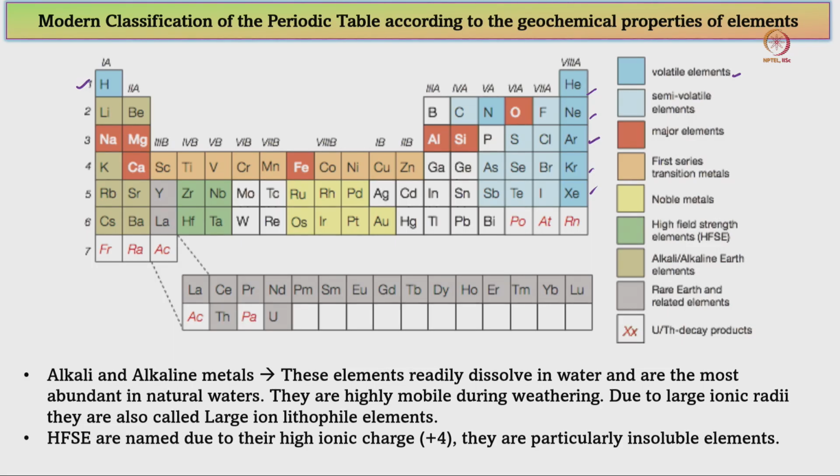Then which are the major elements? Some elements which are major in the earth's crust. So, we have sodium, magnesium, calcium, aluminum, silicon and oxygen, and here we have iron. You should remember that iron had one of the highest abundances, so it is also found quite abundantly.